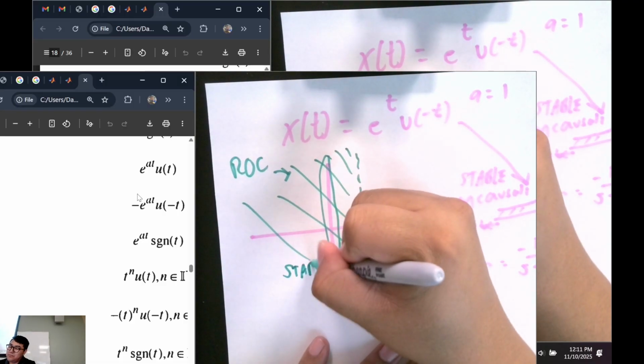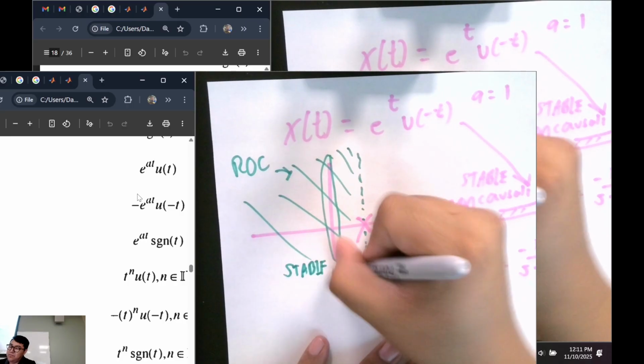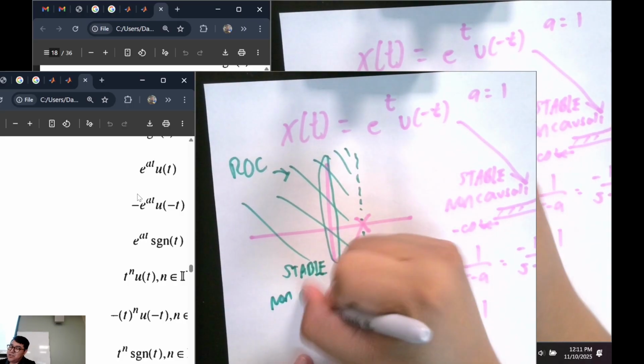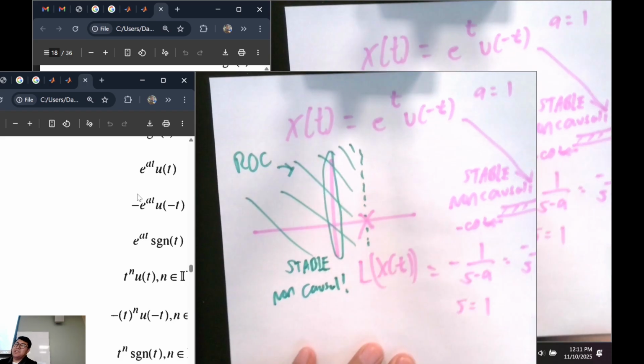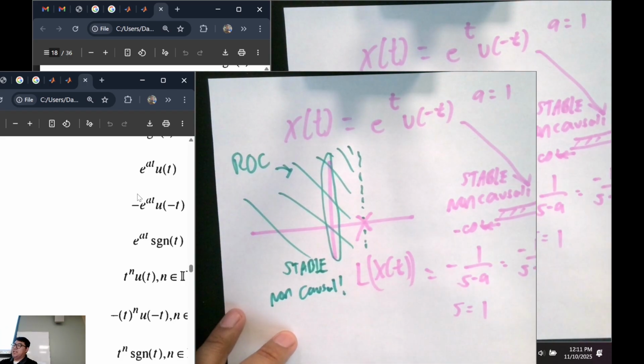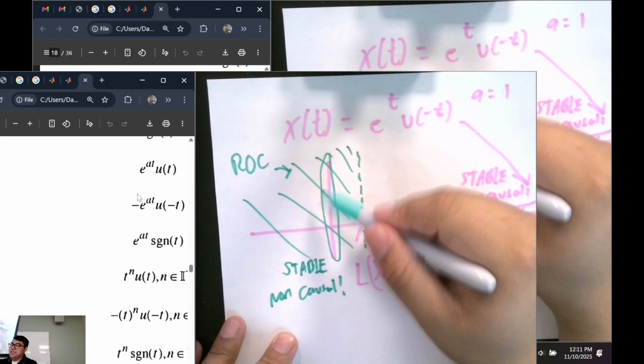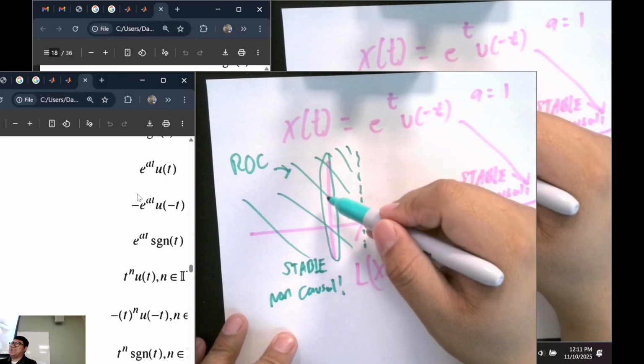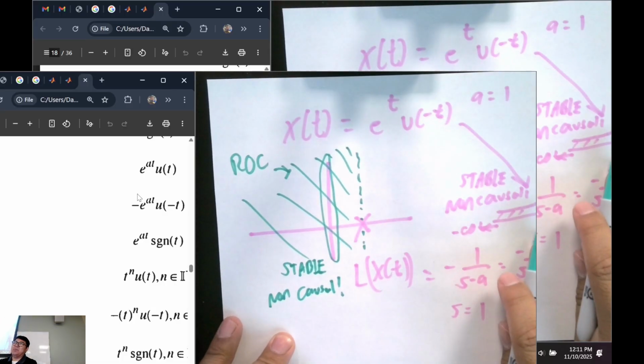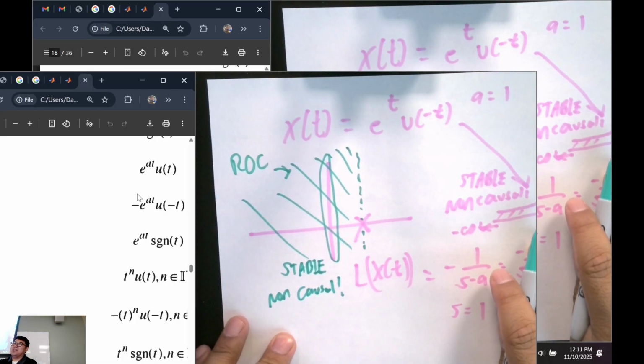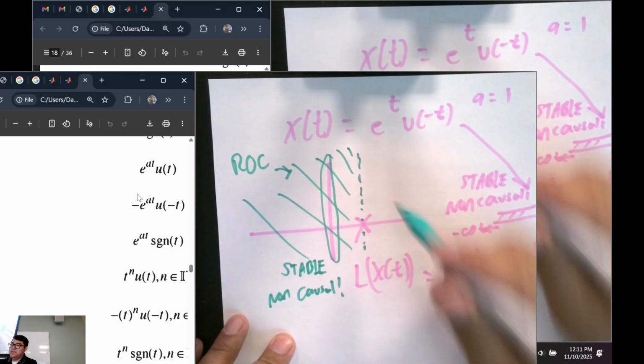It's stable, but non-causal. Is this clicking with everybody? The ROC needs to include this imaginary axis, and it's stable. It doesn't blow up. Do you mean like it's centered at the origin?